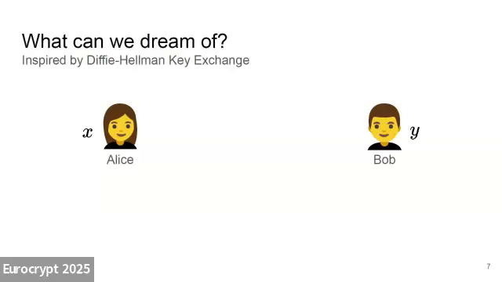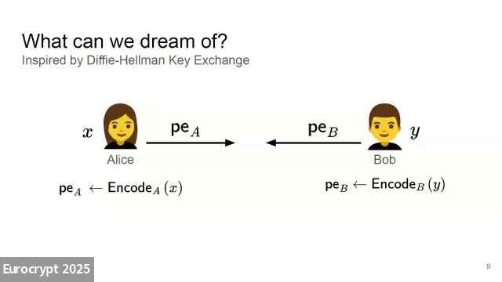If we take inspiration from the Diffie-Hellman key exchange protocol, the most natural approach would be to have Alice and Bob encode their respective inputs using some kind of encoding function to derive public encodings PE_A and PE_B that they could then exchange in one simultaneous message.